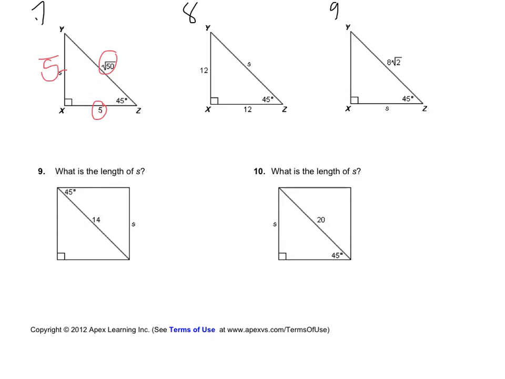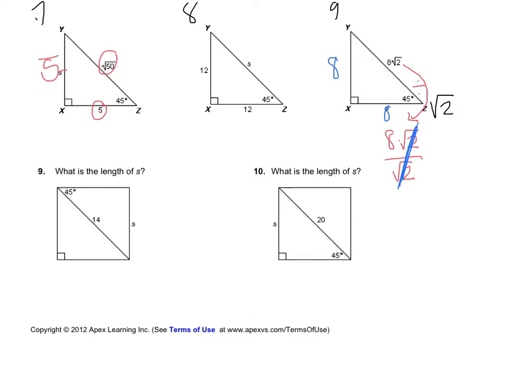Number 8, I need to find my missing side of S. So my magic number is square root of 2. To get from the hypotenuse down to this side, I need to divide because I'm going to something smaller. So I have 8 times the square root of 2 divided by the square root of 2. Well, whenever I have the exact same thing on top and bottom, they're going to cancel each other out, and I am just left with 8. So my leg is 8, which means my other leg is 8.